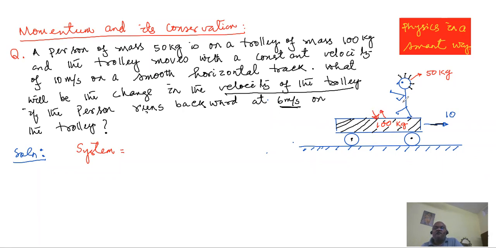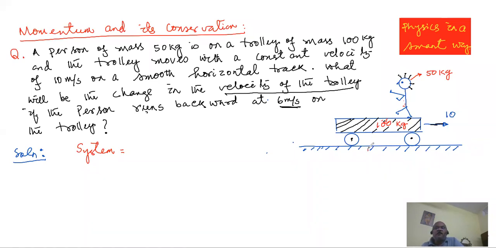Rather, if I consider the person on the trolley as parts of a single system, then these forces become internal forces. And as Newton strictly says, we do not have to involve internal forces, only external forces matter.